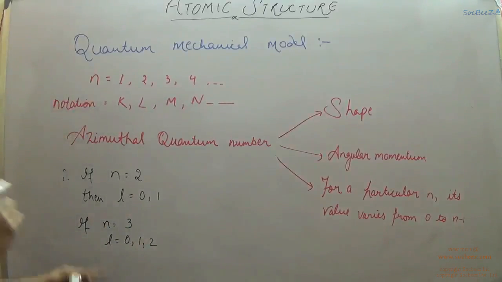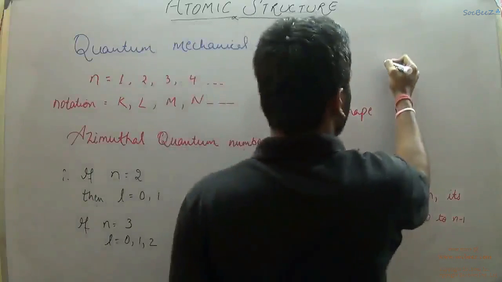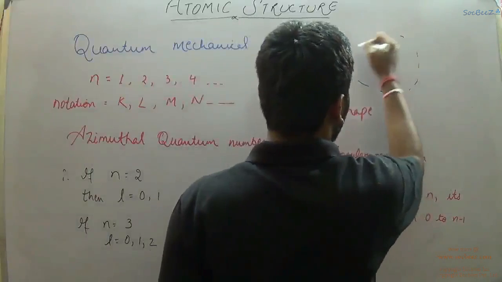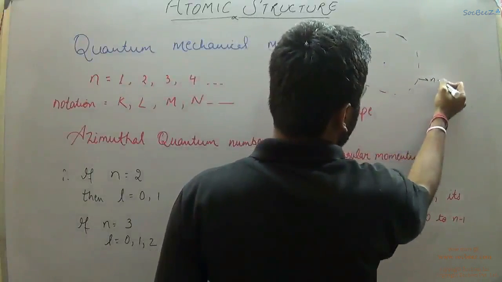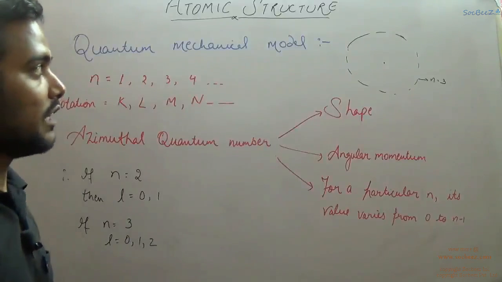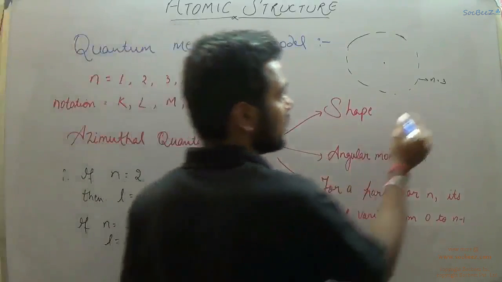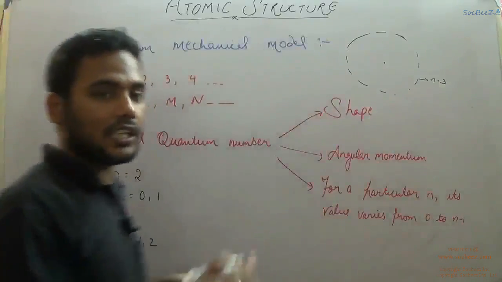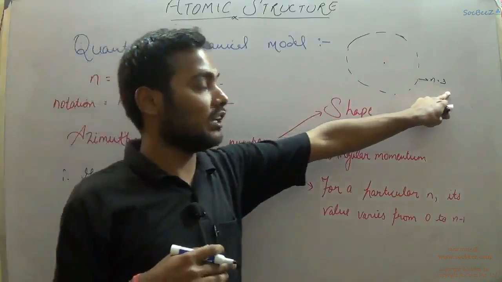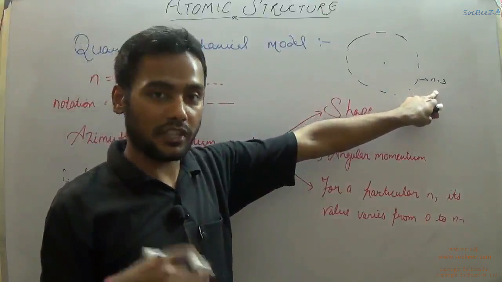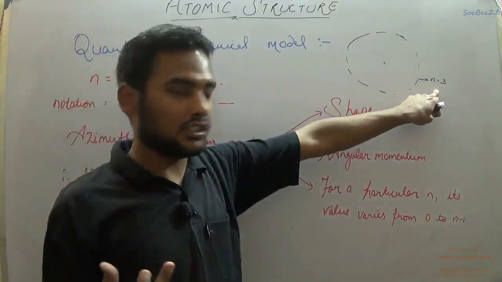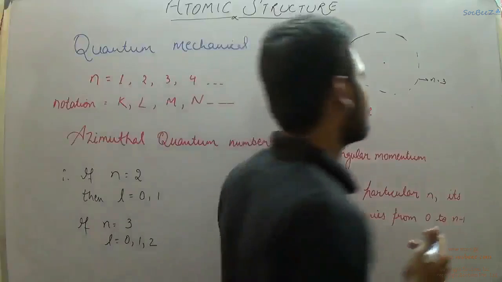Okay, so now you can visualize that if, for example, this is N equals 3, then for N equals 3 there will be various sub-levels. This is the energy level. Since N is related to electronic energy and gives the major portion of energy, we can also call it the energy level of an electron, in which the electron resides.